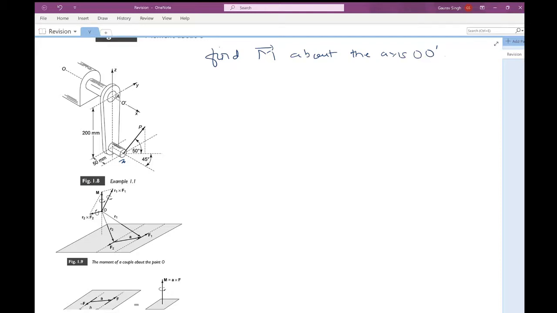So let's first start by defining the moment about a particular point, and then we'll translate it back to the axis.